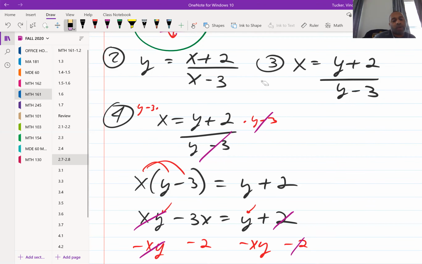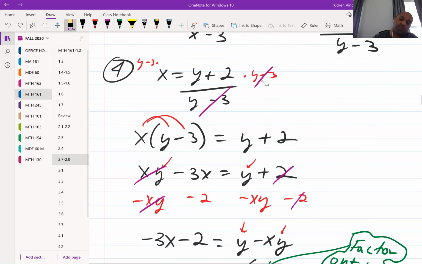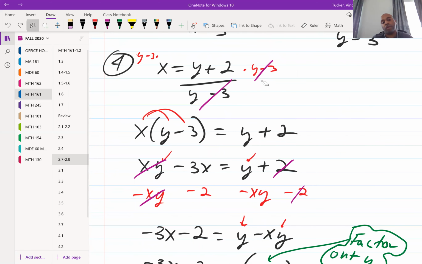So I subtracted xy from both sides and subtracted 2 from both sides, so that I'm looking at negative 3x minus 2 and then y minus xy. So I still have y in two different terms, but they're both on the same side.